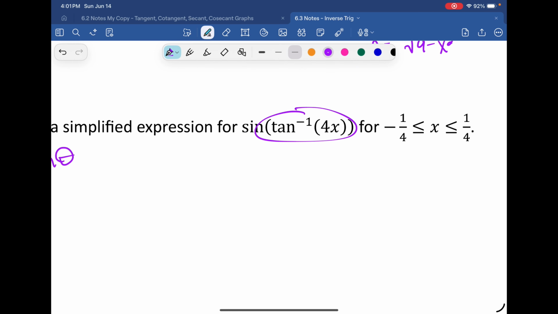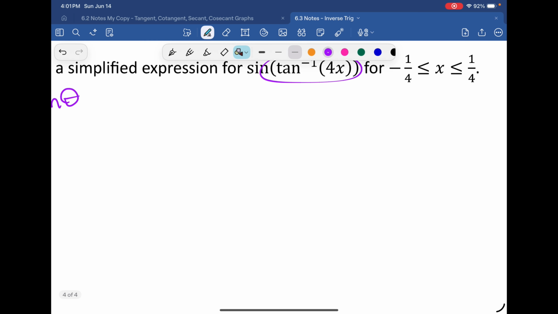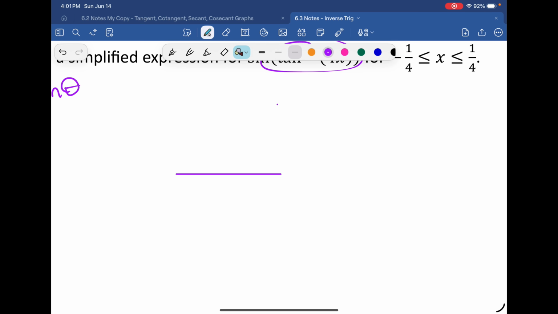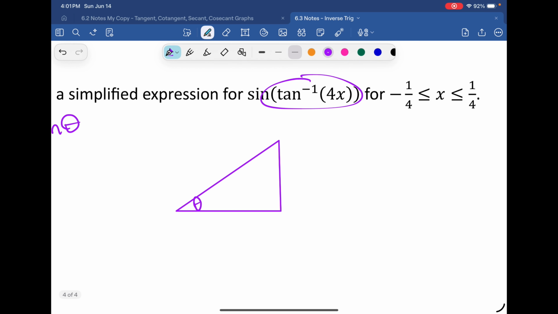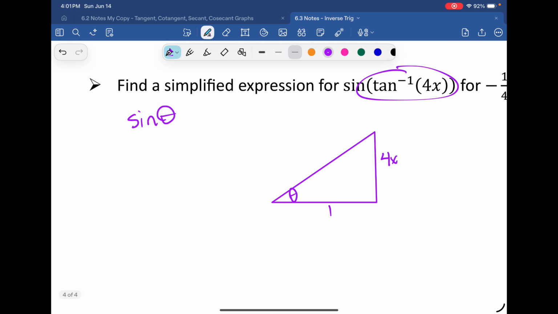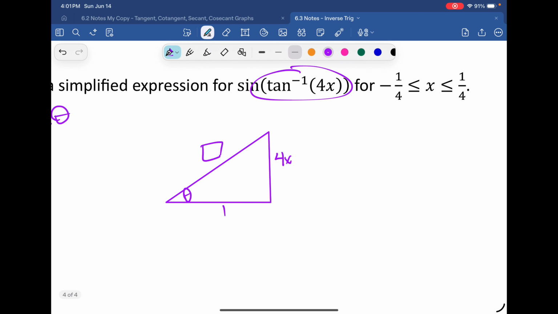Okay, I'm going to draw a triangle. Tangent is opposite, so it's 4x over adjacent 1. Sine is opposite over hypotenuse, so I'm missing the hypotenuse. I need this piece. Okay, so I'm going to use a squared plus b squared equals c squared.